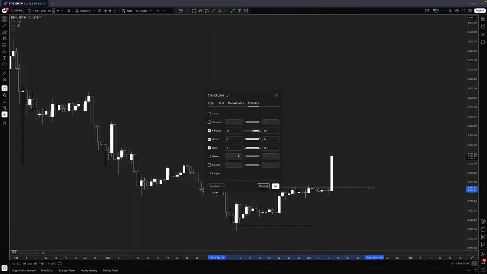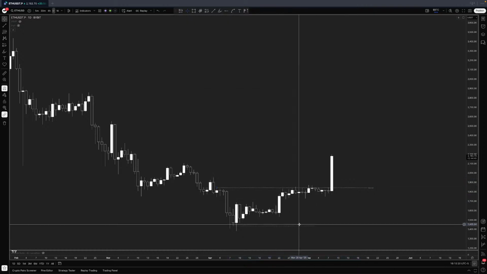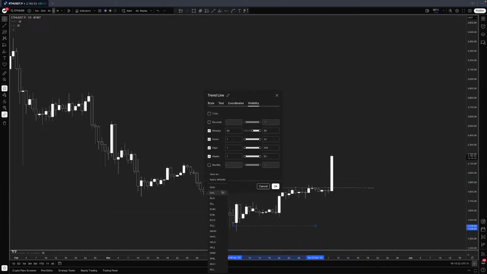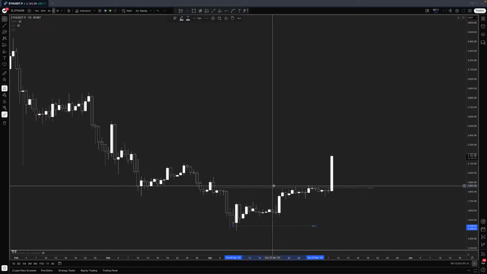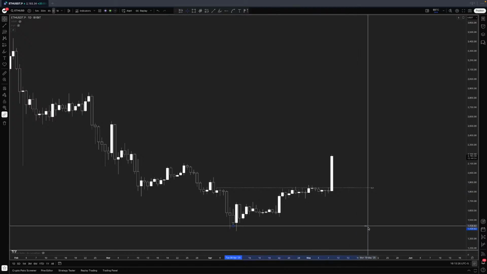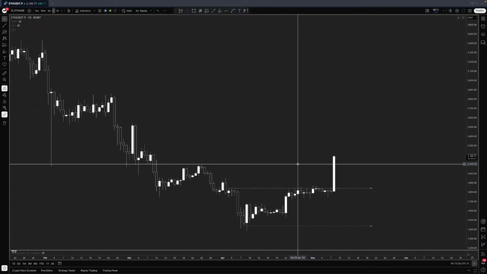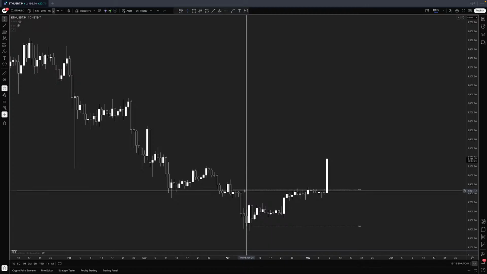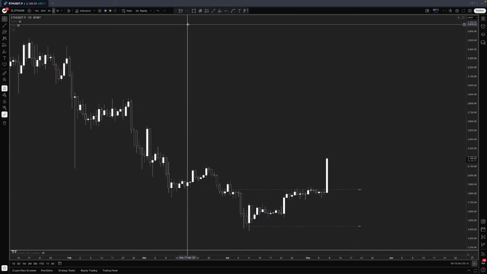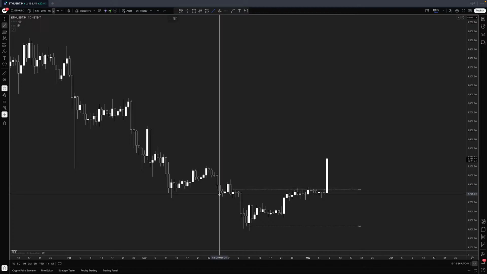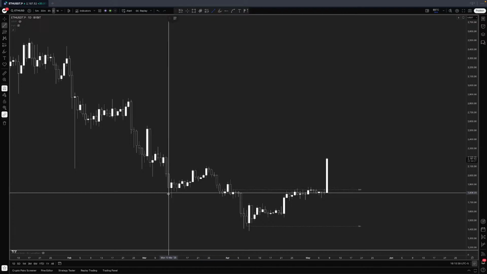And this is over here our current daily lower low. From previous levels, this was the previous lower low. This one over here was the previous lower low.